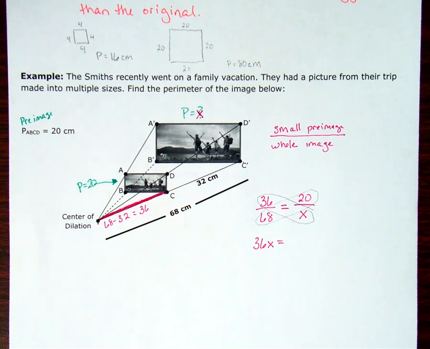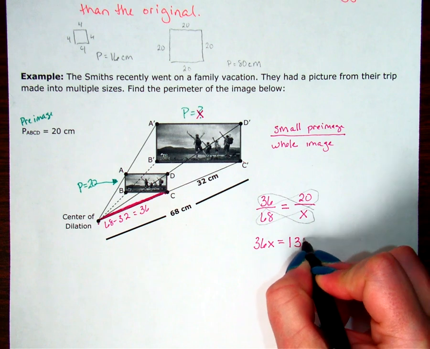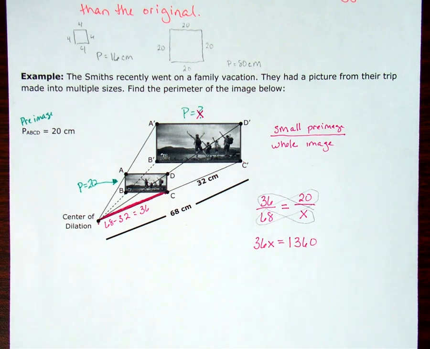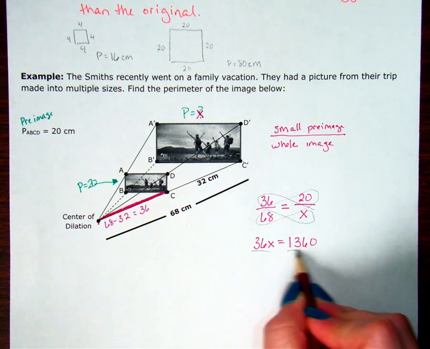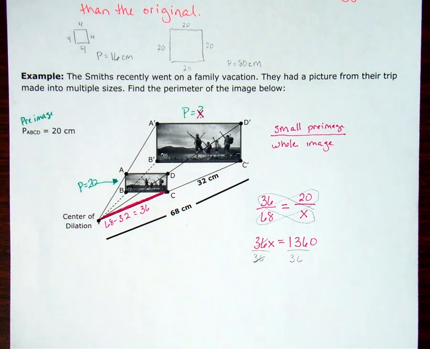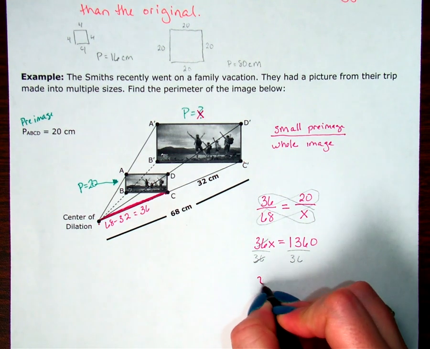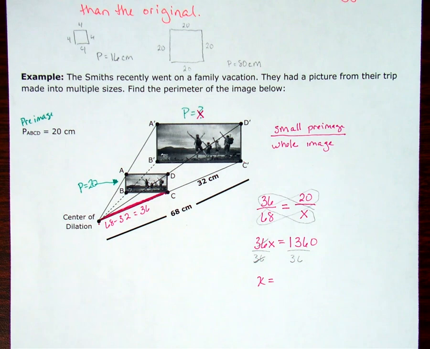68 times 20 is 1,360. And then all we have left to do is divide by 36. That will give me x, which is going to be the perimeter that I'm trying to find. X equals 1,360 divided by 36.